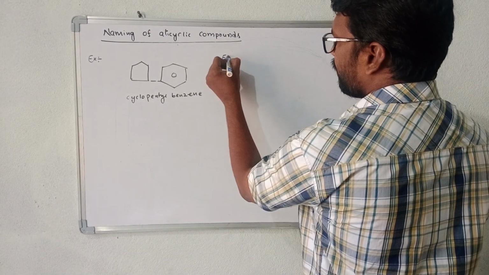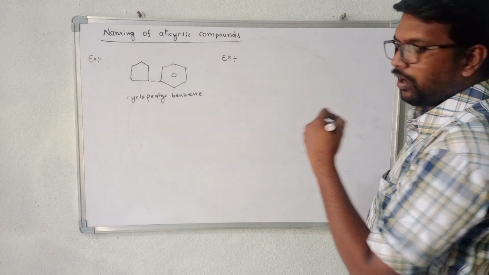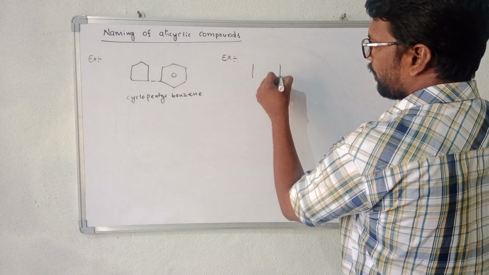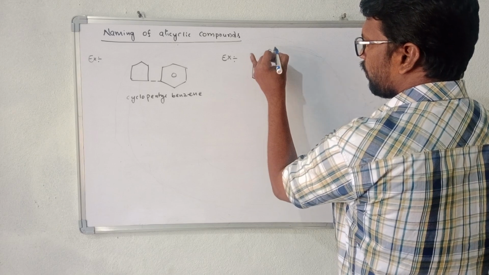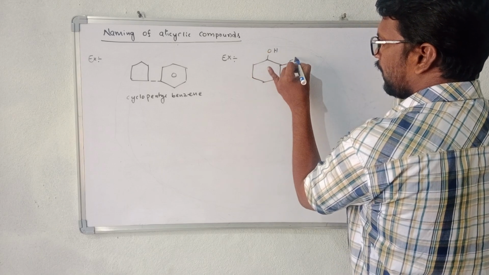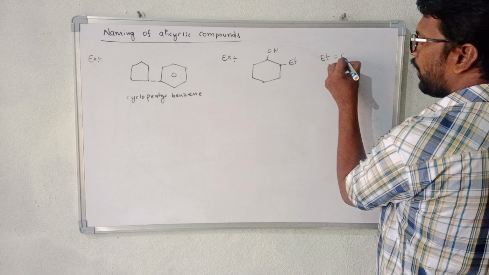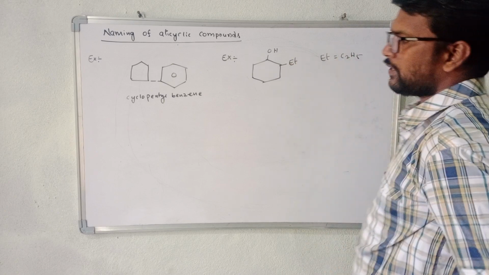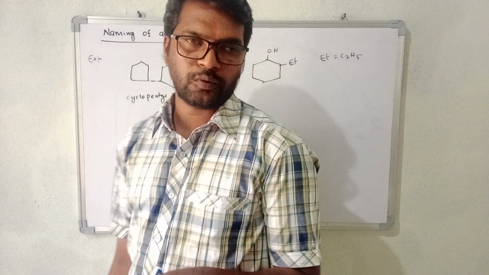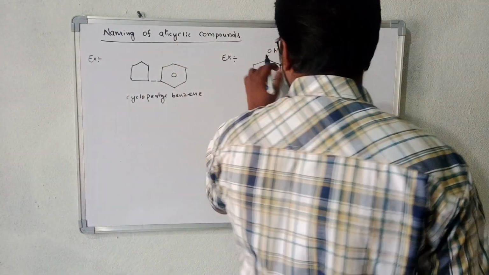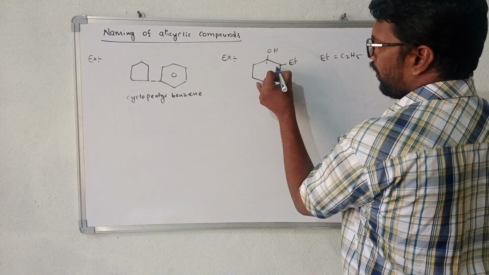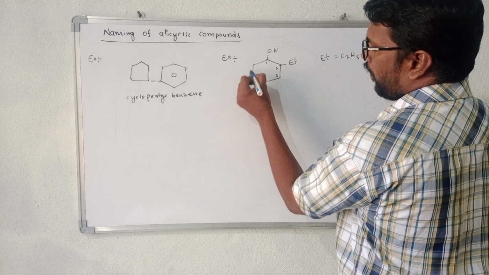Right, now we can see the case when a functional group and a substituent are both present on the cyclic ring, OH and Et. Here Et indicates C2H5. In that condition, compulsorily we give the priority to the functional group. So we number like this: 1 2 3 4 5 6.